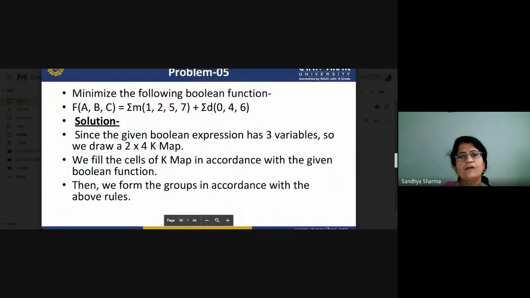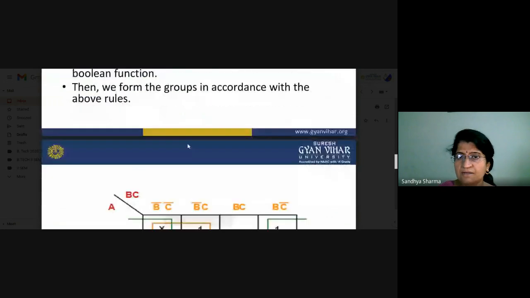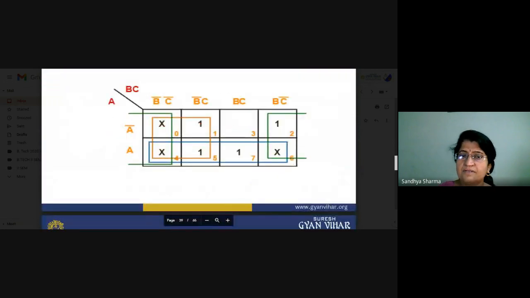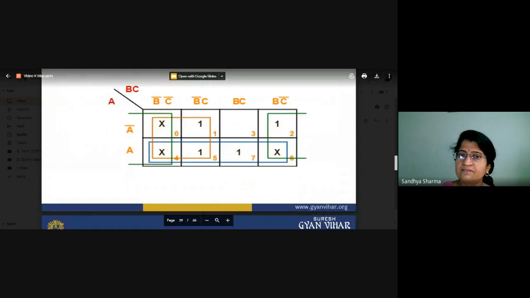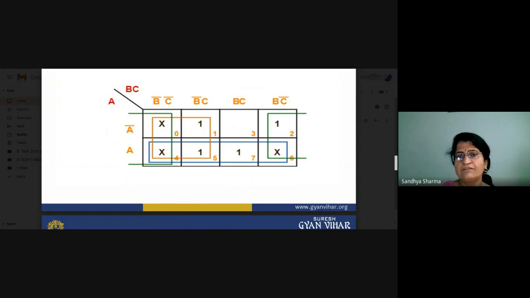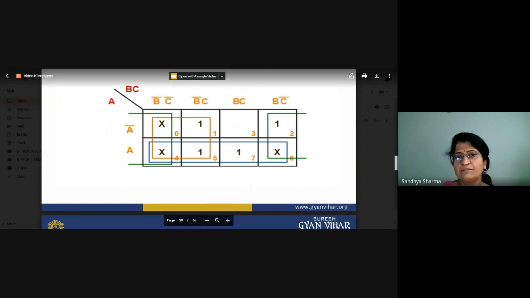Now again you have to give the don't care conditions. There are so many problems, and by solving them it will be better for us to understand how our K-map works. So again make a table. There are again three variables. You can write this way, this way, this way. These are not independent variables, so it will make a four.